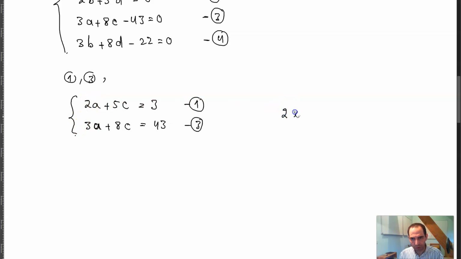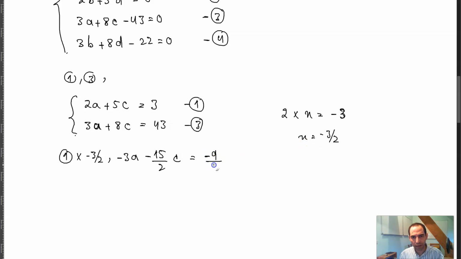If I multiply 2 by some number to become negative 3, x would be negative 3 halves, which means I multiply 1 by negative 3 halves. So 2 times negative 3 halves would be negative 3a, 5 times negative 3 halves is negative 15 halves c, is equal to 3 times negative 3 halves, which is negative 9 halves.